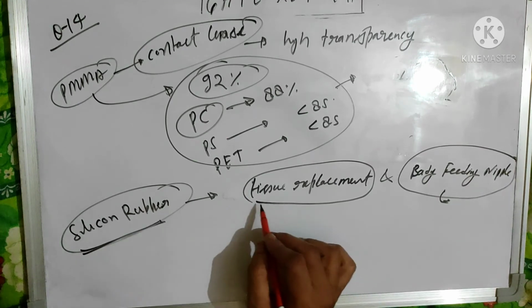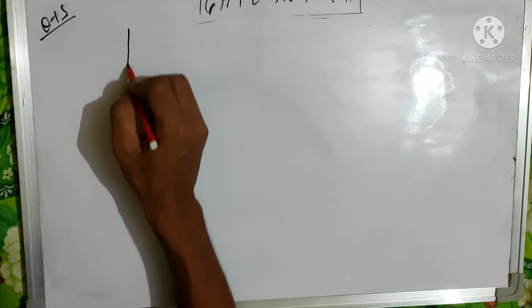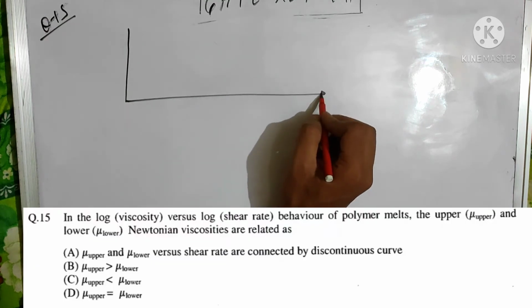So the silicone is used in the making of tissue replacement and baby feeding nipples due to its high flexibility and weathering resistance. The graph between the polymer viscosity and shear rate of the polymer.